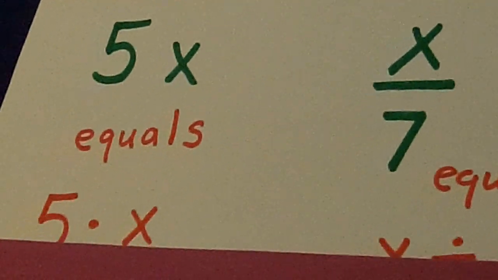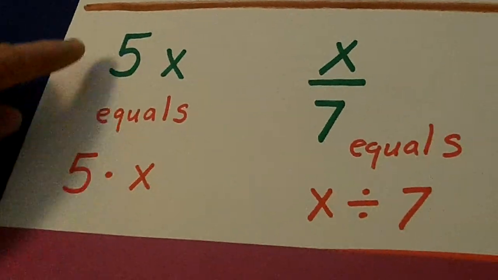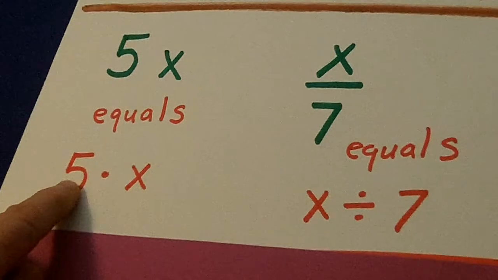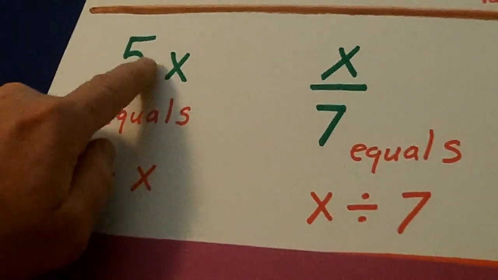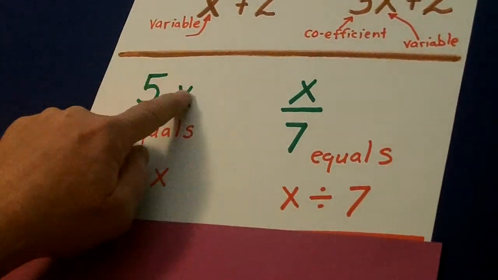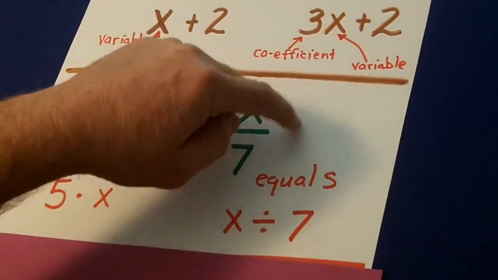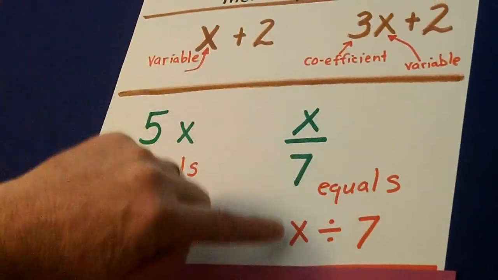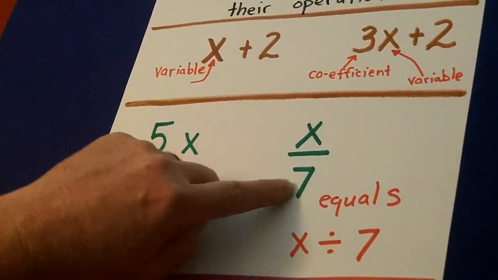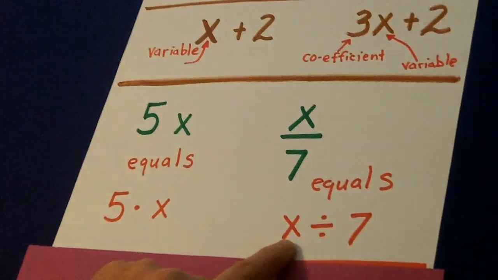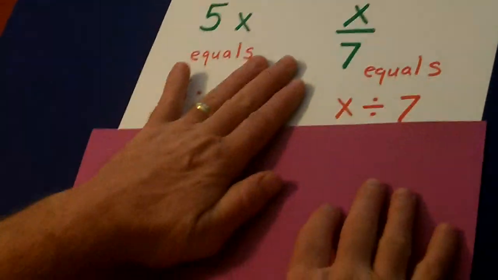Now, let's go right down here. 5x is equal to 5 times x. It doesn't say times, but we have to know that. Just like this, it doesn't say divided by, but when we have a variable over a number on bottom and a fraction bar, that's x divided by 7.